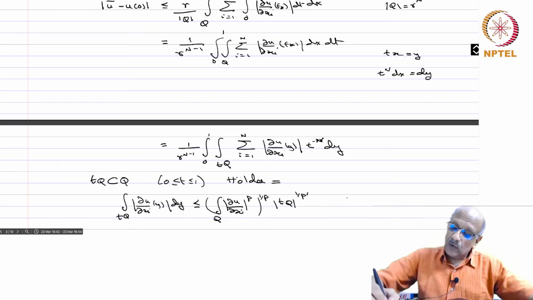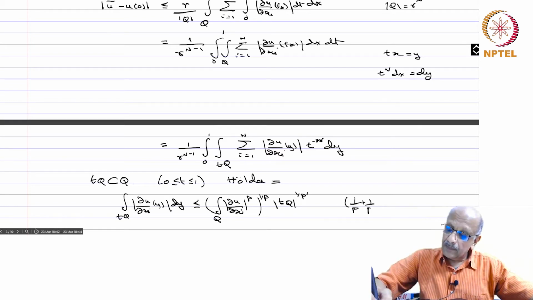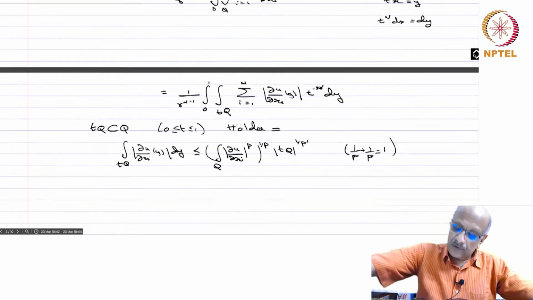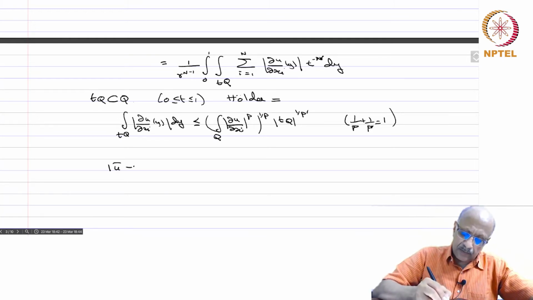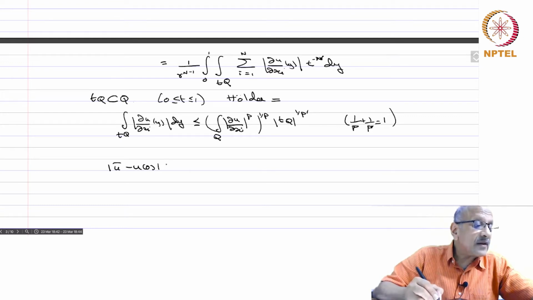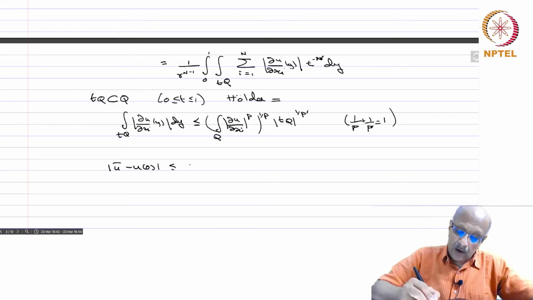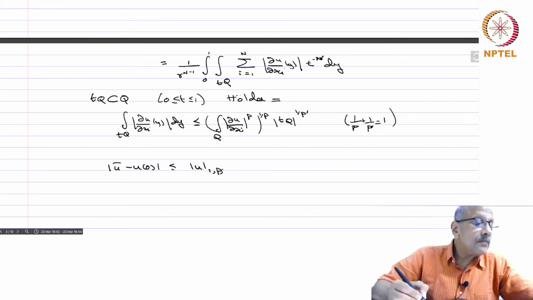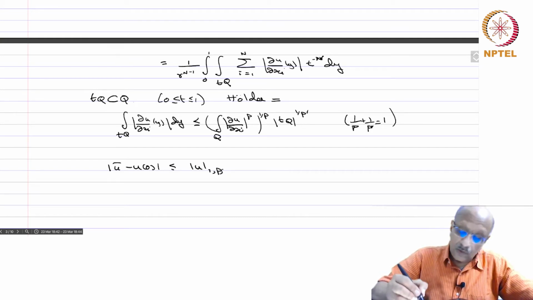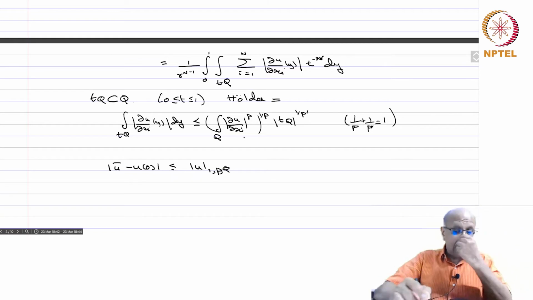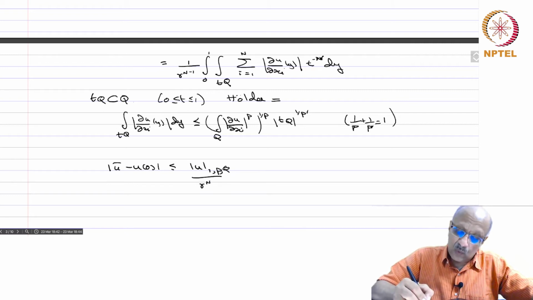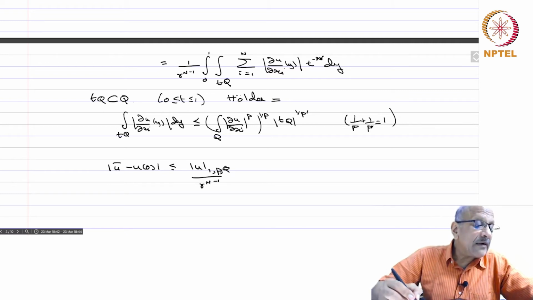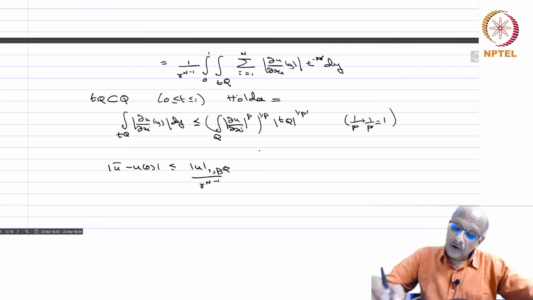So if you substitute 1 by p plus 1 by p prime equal to 1, this is what we have. Now if you substitute that in the previous inequality, you get mod u bar minus u0 is less than or equal to mod u 1p Q, because I have sigma i equals 1 to n, all of the powers will come there, and then 1 by r power n minus 1 is already there, and then I will get what is mod of tQ.